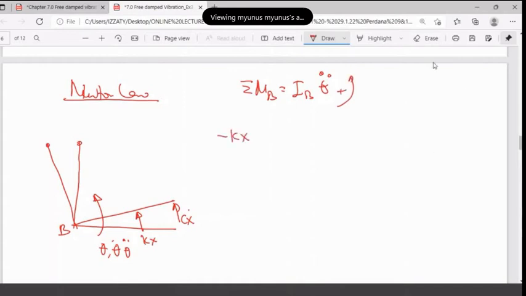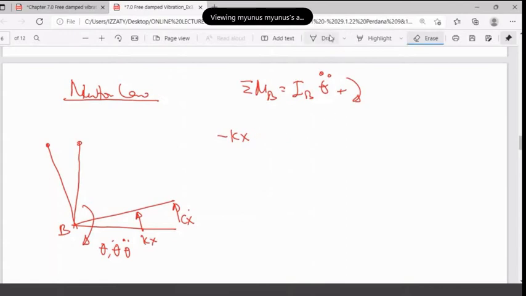Oh, sorry. It's supposed to be pointing the other way. Never mind, just check this, change the direction. Yeah, pointing that this one. So this one becomes negative kx, negative cx dot. Again, I missed one point here.